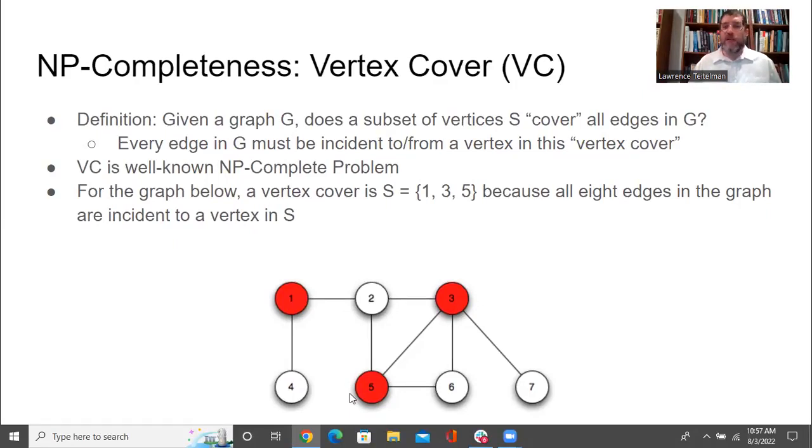The vertex cover is 1, 3, 5, the ones that are red, right? Because if I have that subset of vertices, then every edge in this graph is adjacent to one or the other. Can someone come up with a real life scenario where such a thing would be important?